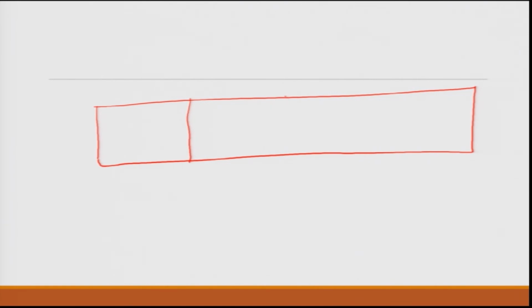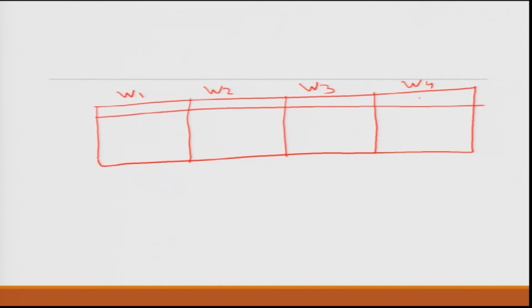So let us just have 4 words to begin with. Let this be word 1, whatever the word. It may be Viagra, it may be grocery, it may be price, it may be money, it may be virus. These are the 4 words, and for the sake of clarity, let me make the divider with a double line.